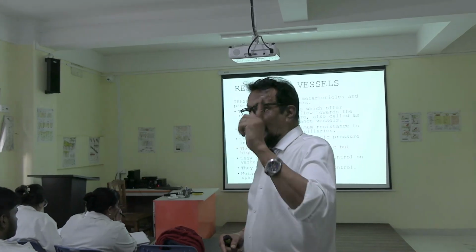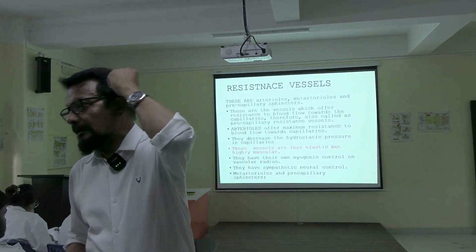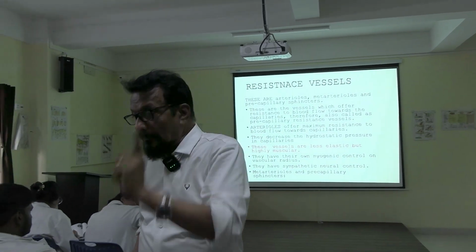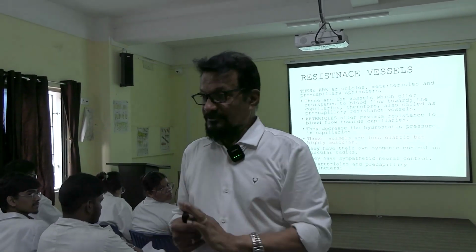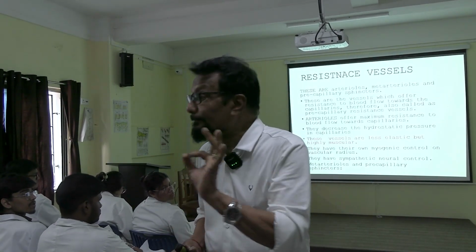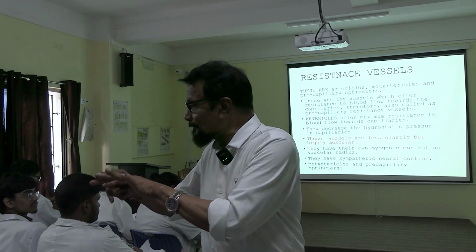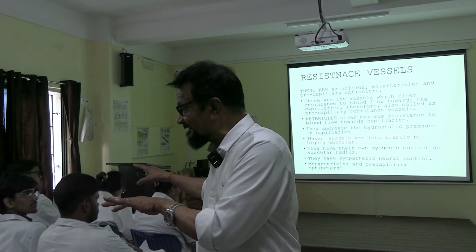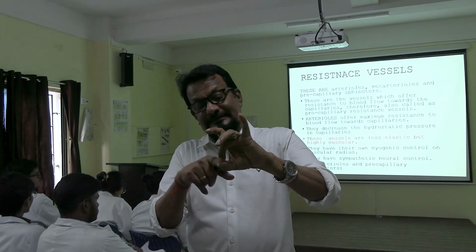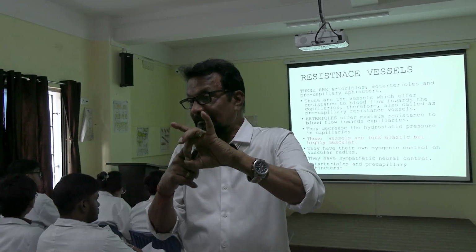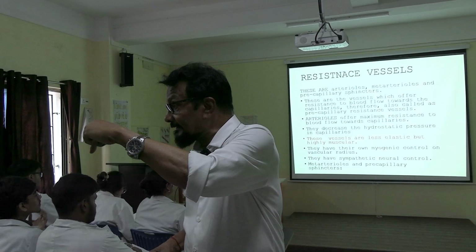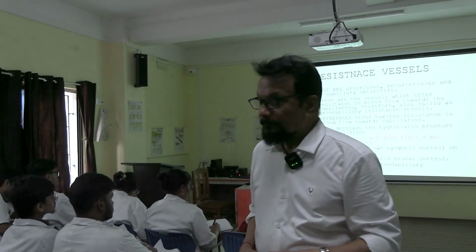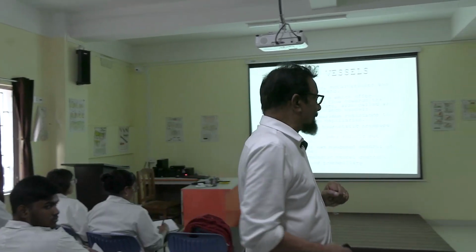Okay, and they are under the control of the central nervous system, that too under the sympathetic nervous system. There is no parasympathetic supply. Now these blood vessels, these smooth muscles, are always under sympathetic tone.